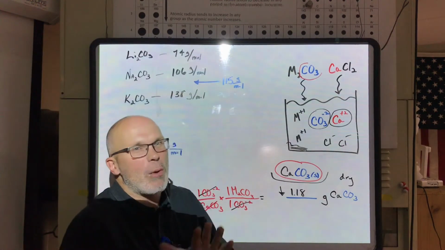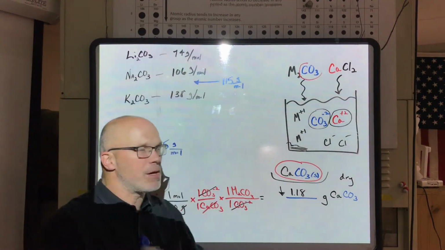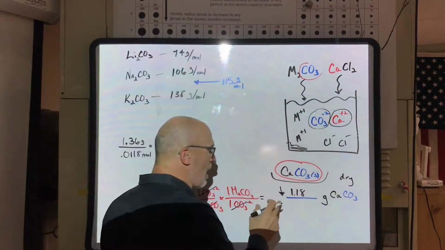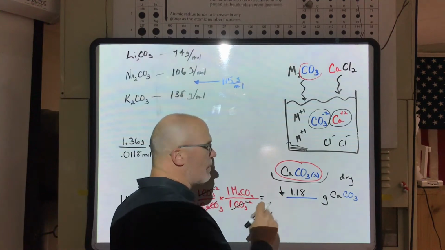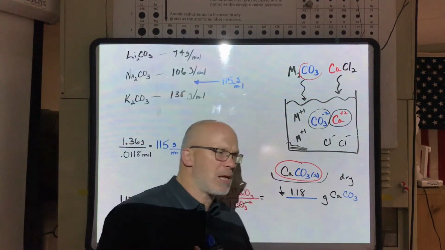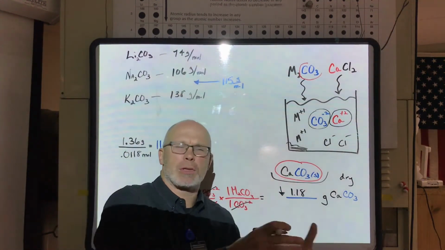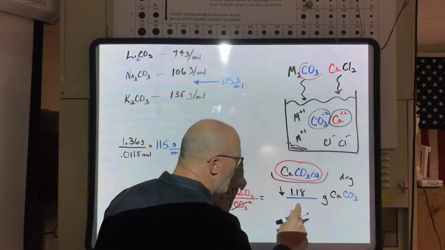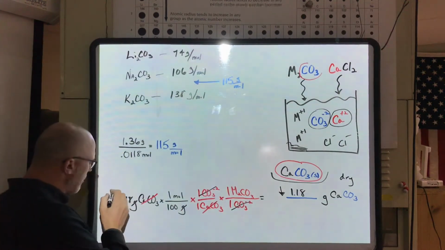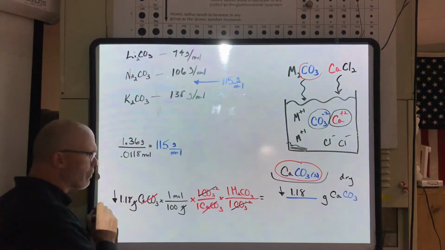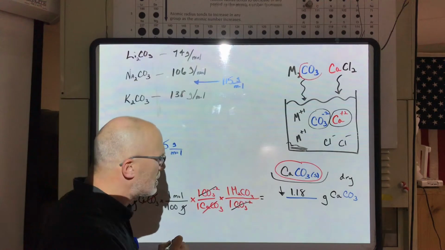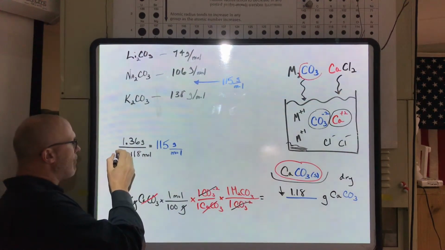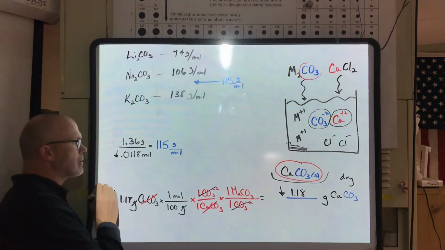We should not be way over if we control for the other errors, and I'll speak to that in a second. With that being said, knowing that probably my major error here is the loss of some precipitate, either in not collecting it all or in the transfer back and forth, what it does is it makes my calcium carbonate number undervalued. And if I have a lower, undervalued result because of the loss of some precipitate, I'm going to have a mole value that's undervalued.